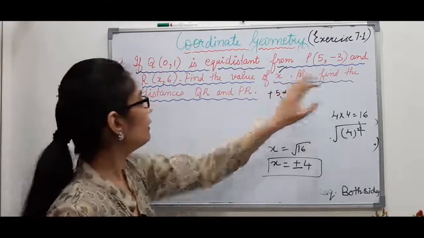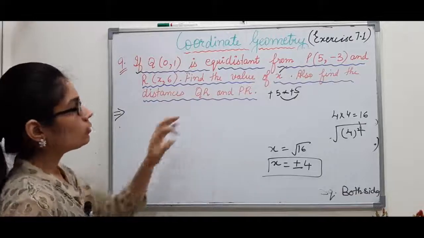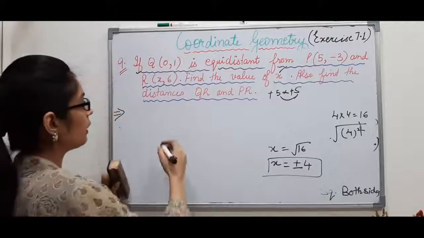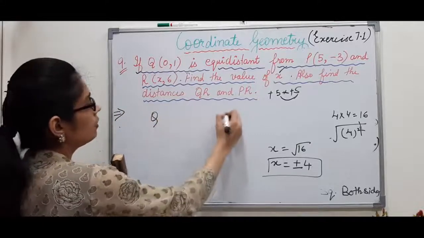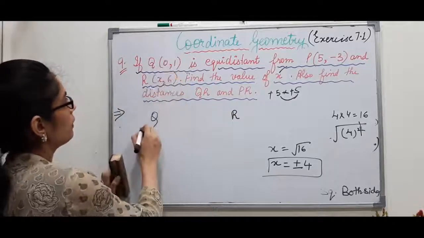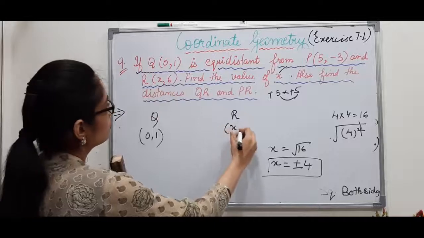You have to find the distances QR and PR. So this is very simple. You just have to apply the distance formula. So the coordinates of Q you can write: it is 0, 1. R, it is x, 6.